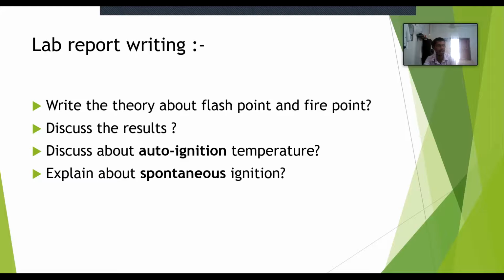You can discuss why it is 79 degrees Celsius, why it can be lower, why it is not lower than that or higher than that, and why our results vary between 52 to 96 degrees Celsius. Those things you have to discuss.